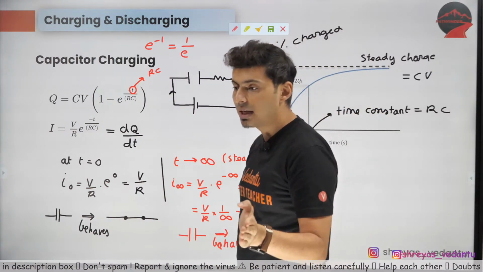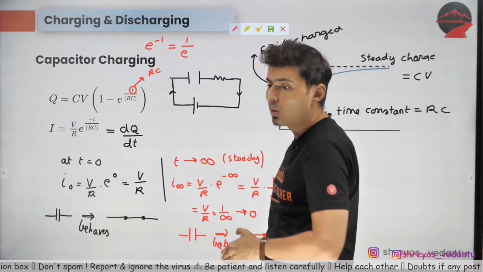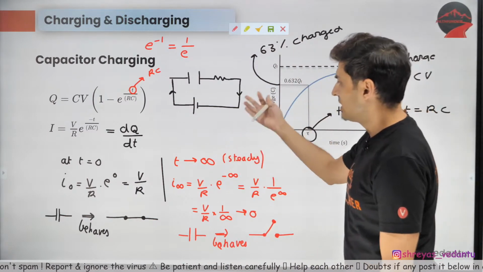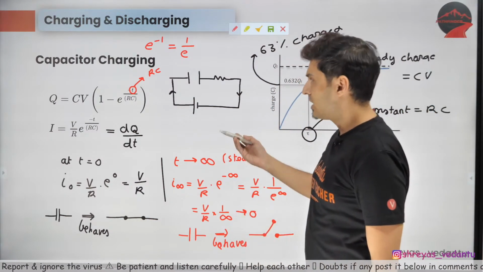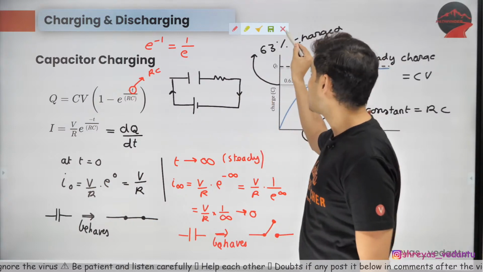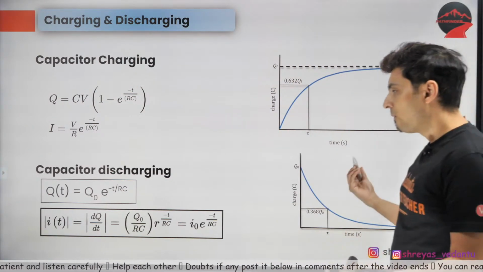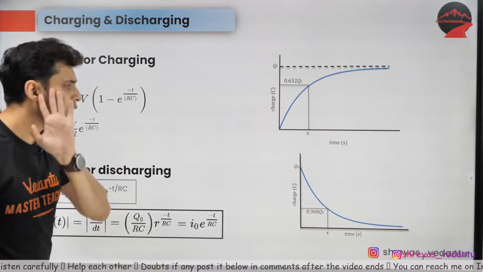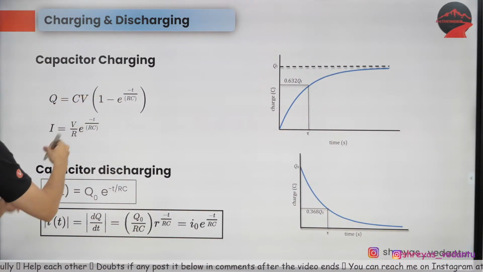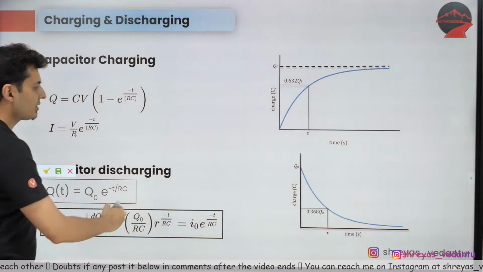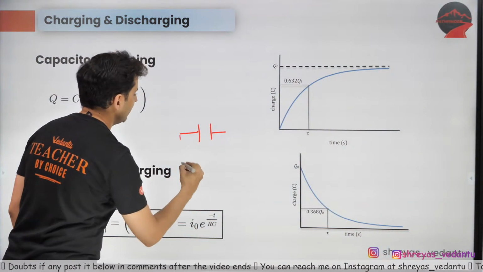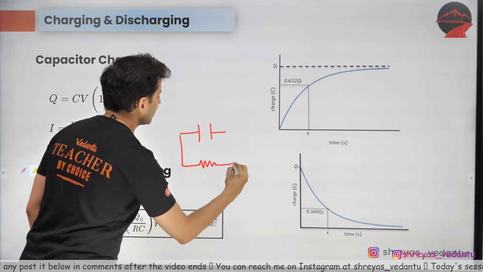Clear this charging concept and discharging concept. Are you guys now ready to solve some questions? I'll also give you one formula very similar to the charging one, but for discharging. It's the same formula except that this one will not be there. So you have a capacitor and it slowly discharges.